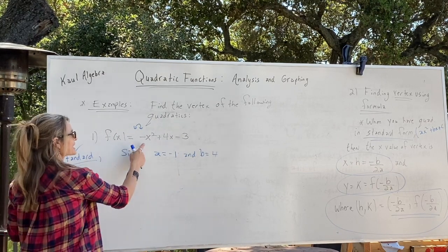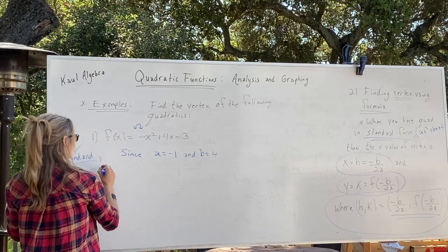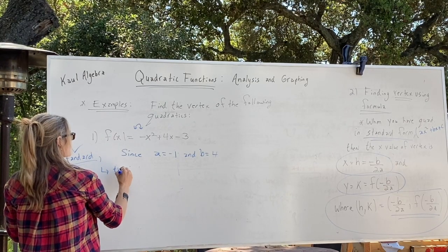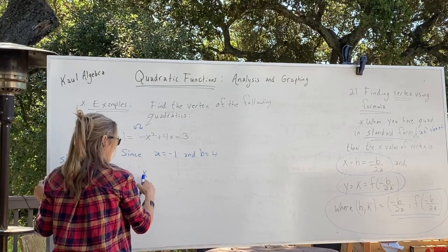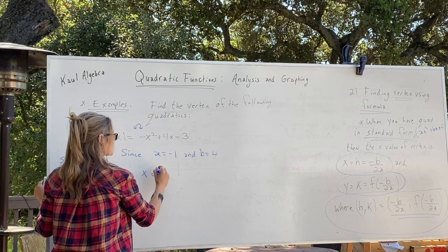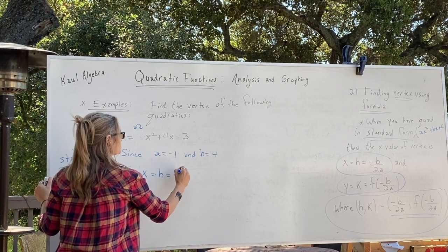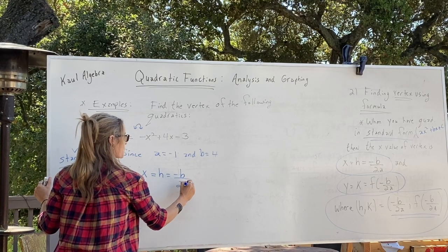So since a is negative 1 and b equals 4, according to my formula, the x value of the vertex, which is also known as h, will equal negative b over 2a.